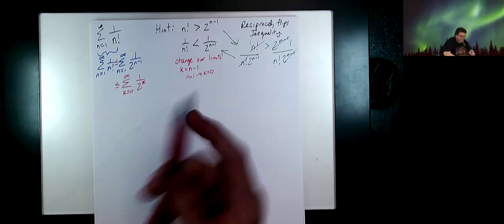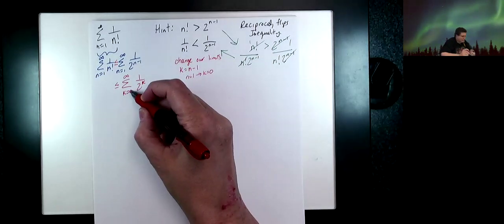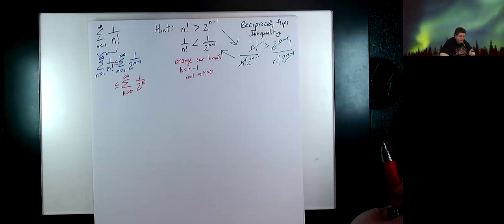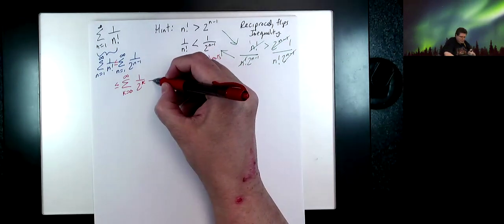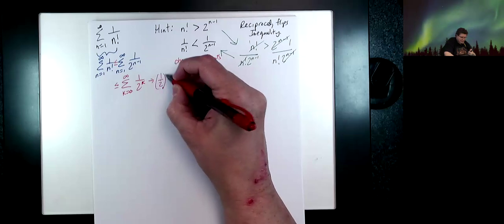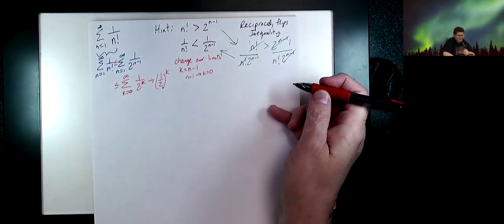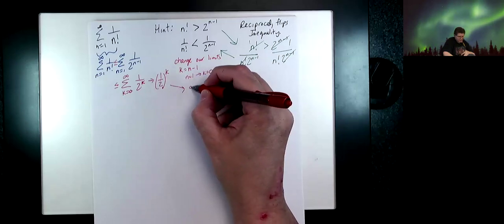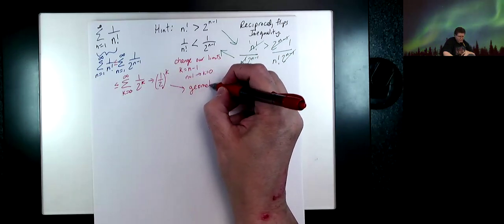And with practice, you get used to doing it. And we know this one is geometric because I can rewrite that as 1 over 2 to the k. Geometric converges.